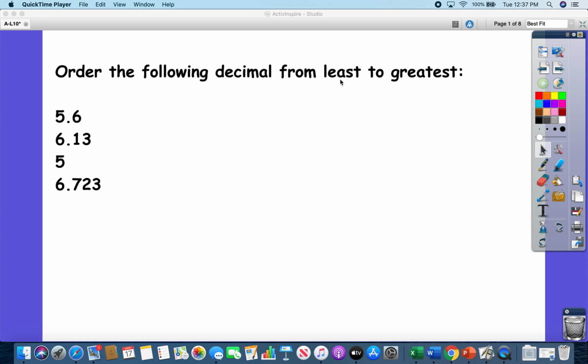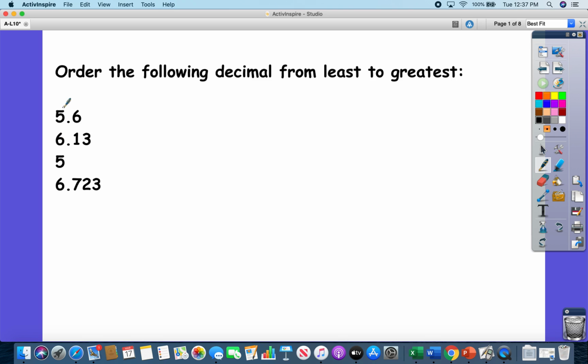So when we order decimals from least to greatest, the first thing that we need to do, as always, is make sure the decimal points are lined up. And you can see that here, they're lined up nice and neatly. Now, the problem is that they don't all have the same amount of digits.